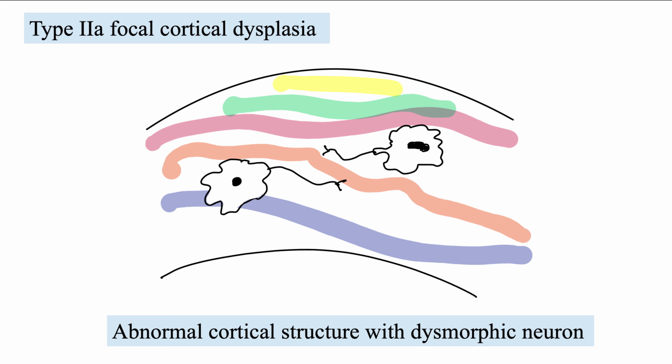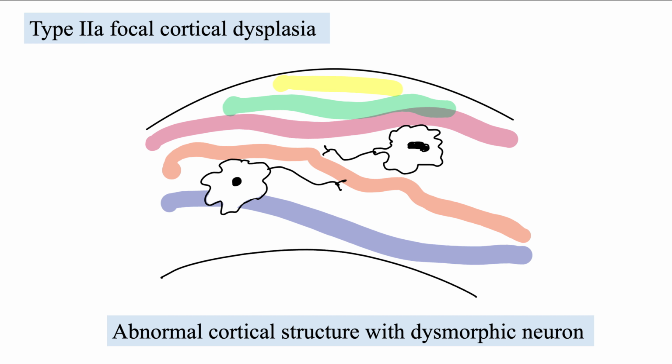The next is type 2A focal cortical dysplasia. Here you should remember abnormal cortical structure, a congenital developmental anomaly, with dysmorphic neurons inside it. Neurons must be dysmorphic to call this FCD type 2A.